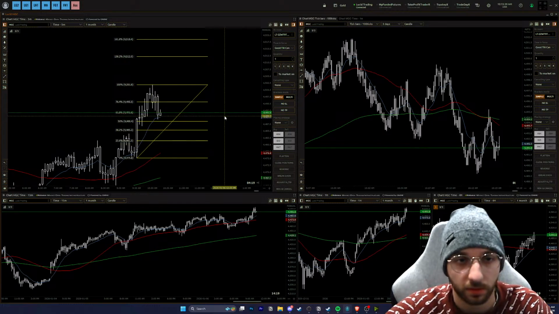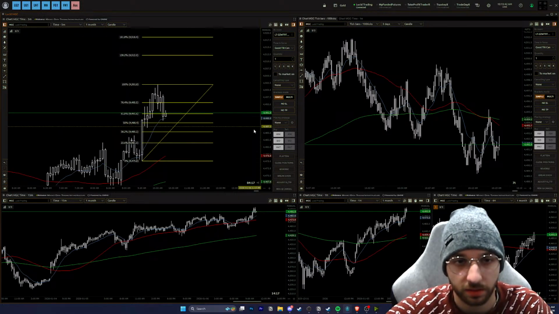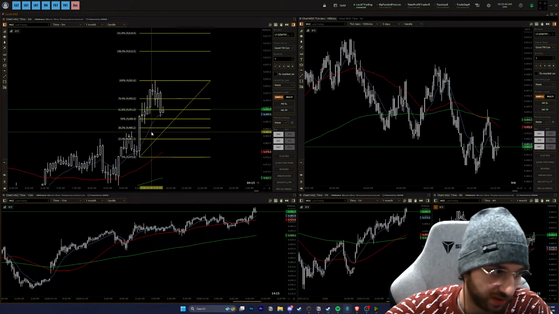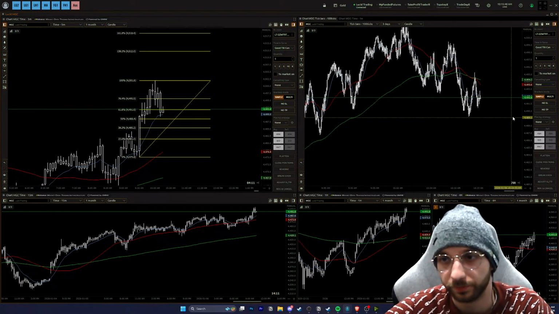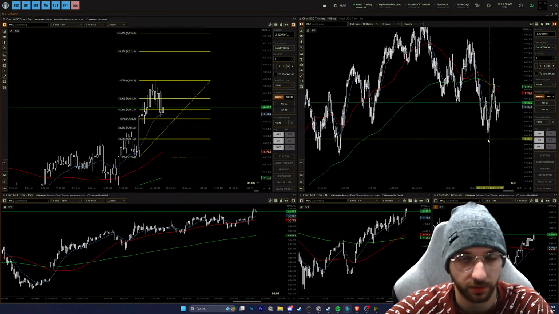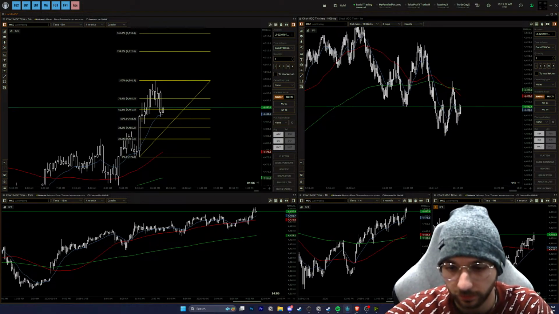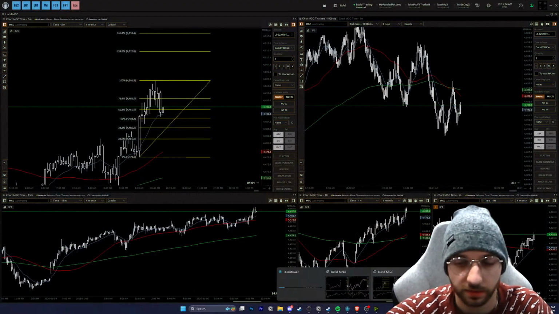So with those statistics in mind, you try to take a trade on a retracement, on a pullback, a good entry at a support level, and in theory, it should give you a better edge. It's a continuation of the New York session.